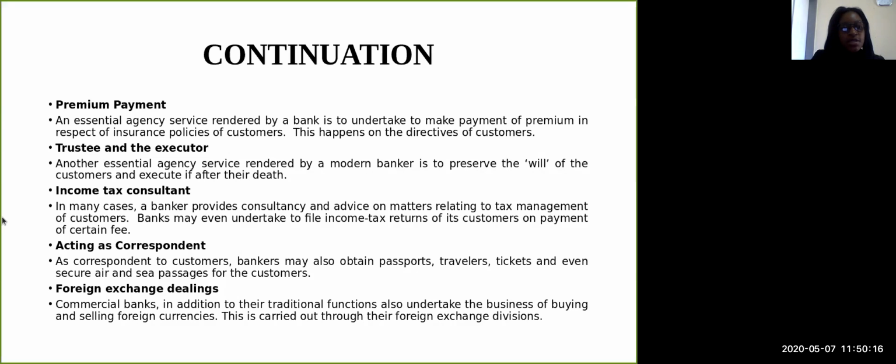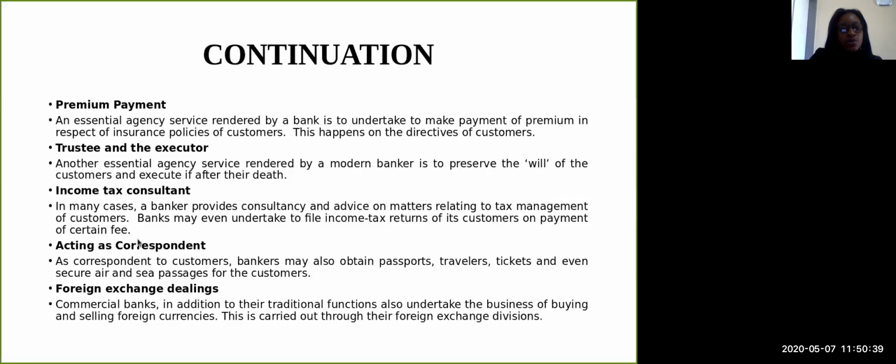The next one is acting as correspondents. As correspondents to customers, bankers may also obtain passports, travelers' tickets, and even secure air and sea passages for the customers.